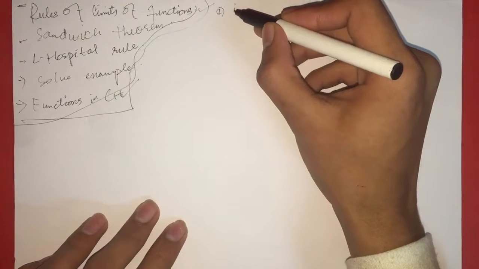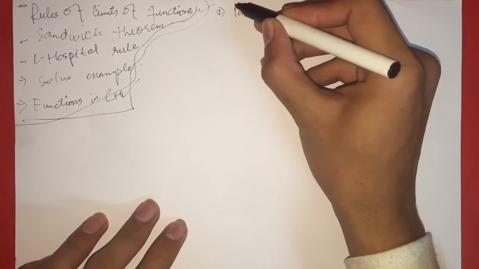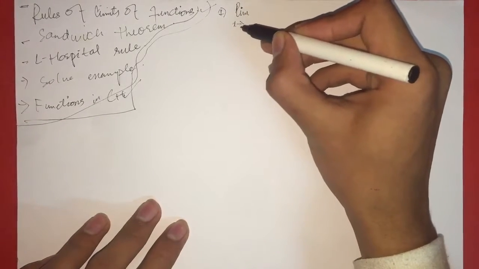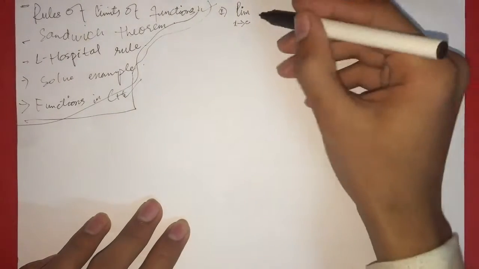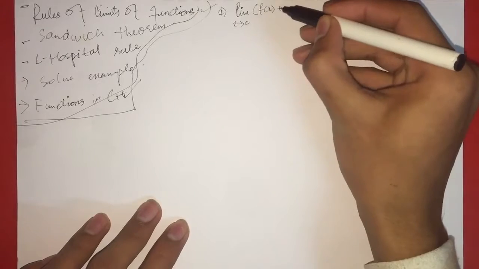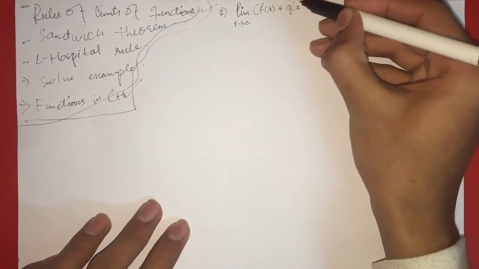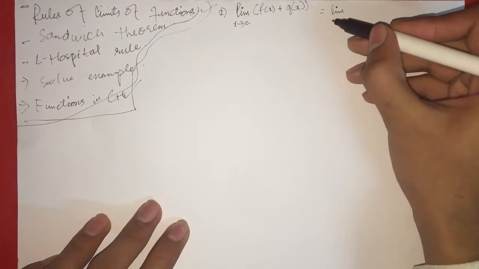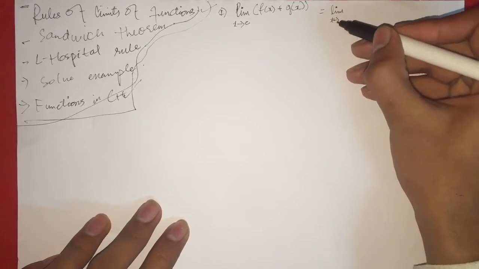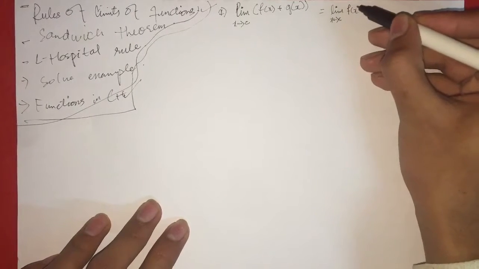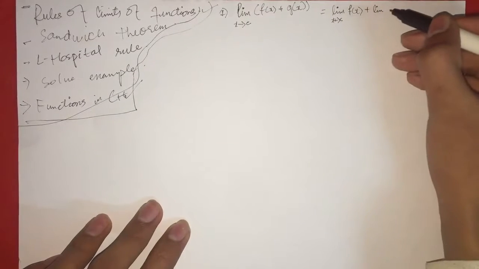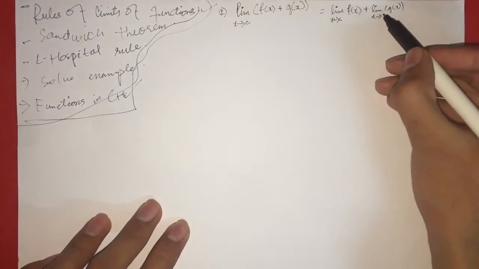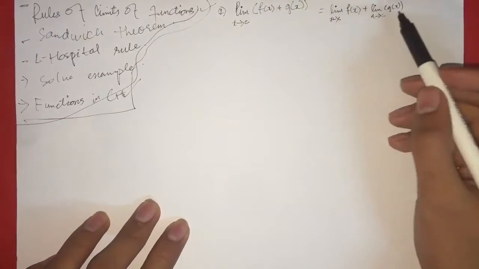The limit as x approaches c of f of x plus g of x can be written as the limit as x approaches c of f of x plus the limit as x approaches c of g of x. The limit applies to both of them, so you can write them separately.